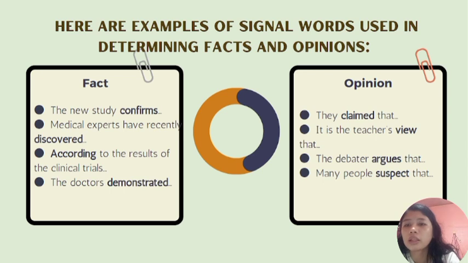Next is: it is the teacher's view that. These are the keywords or signal words. If you put "teacher's view," it is the teacher's view or someone's view, so that is opinion. The debater argues that. If you argue, you have a different perspective and different personal judgment.